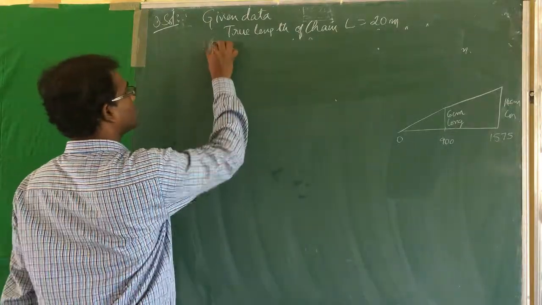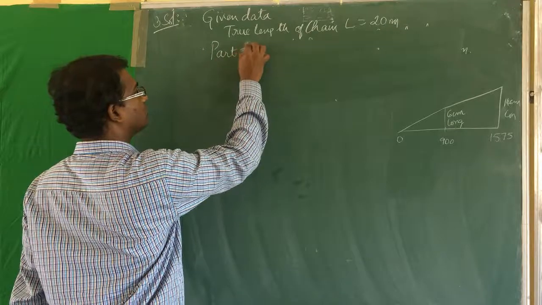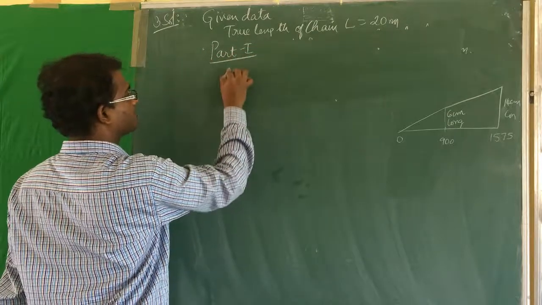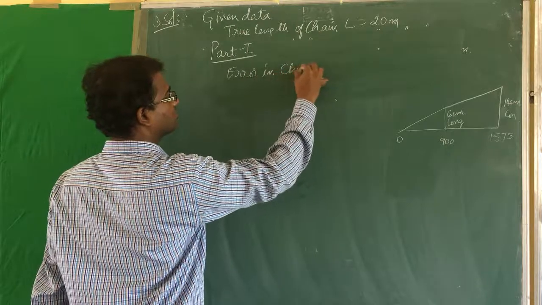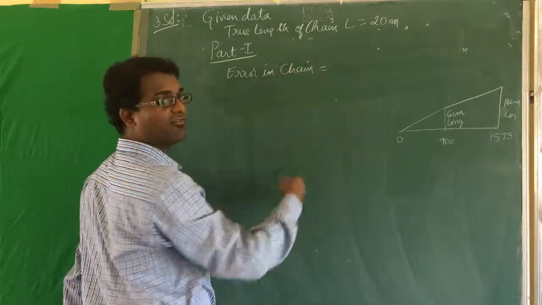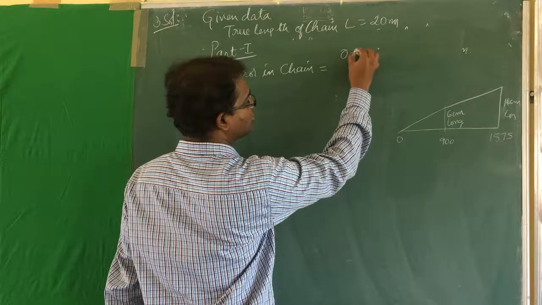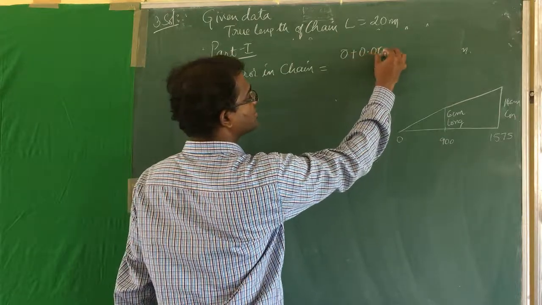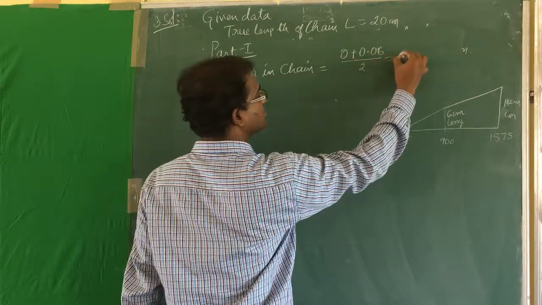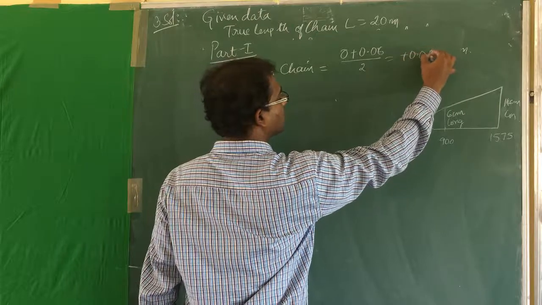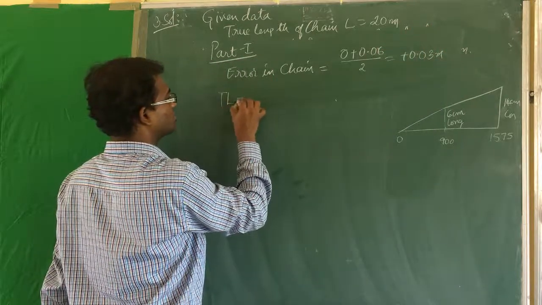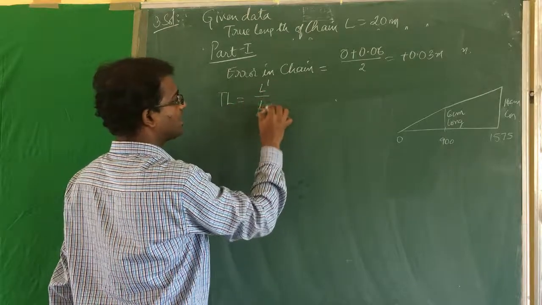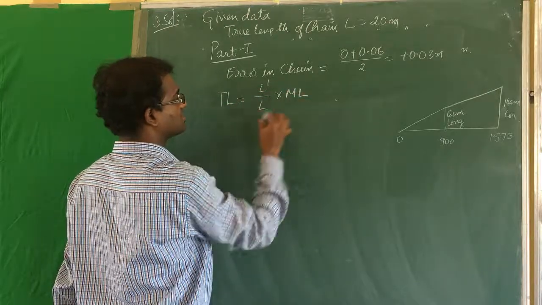Let us start with part 1. Error in chain is taken as the average of the errors, which is 0 plus 0.06 divided by 2, which is nothing but plus 0.03 meters. So true length equals L dash by L into measured length.